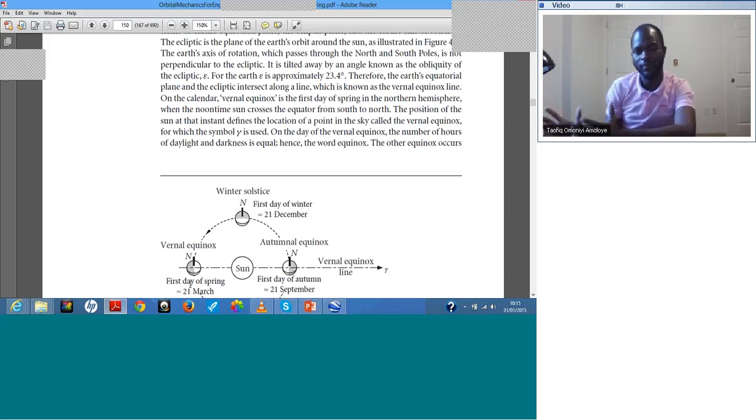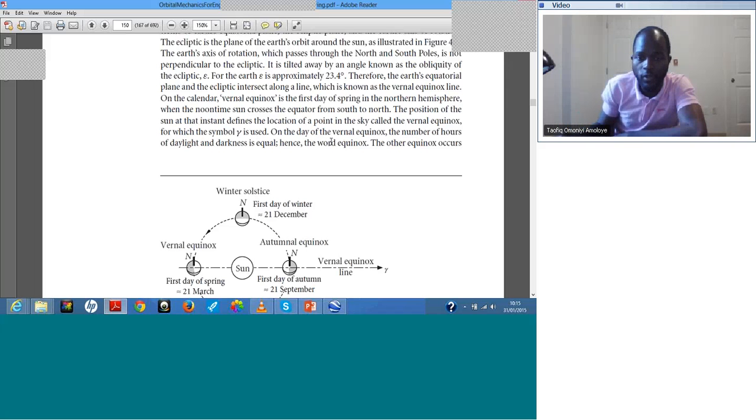It should be fairly around 12 hours of day, 12 hours of darkness in Nigeria around the equator. So we continue.